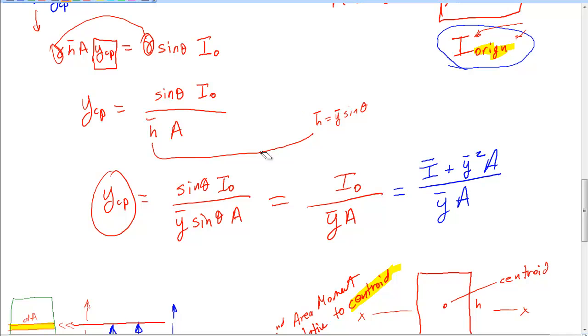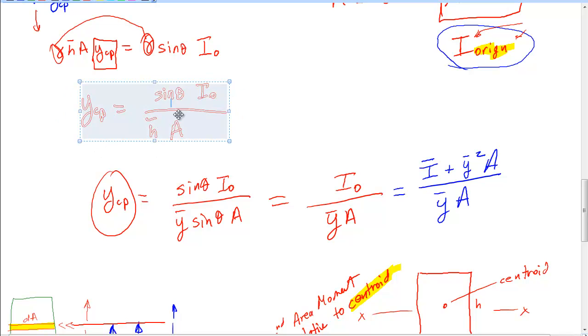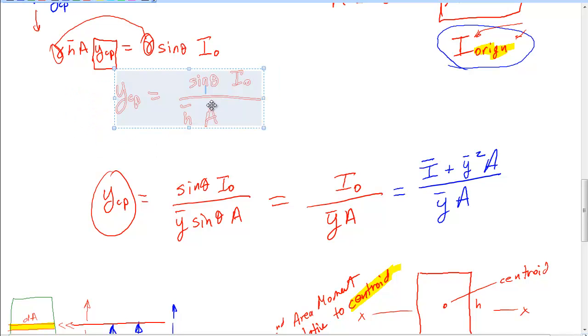So now I'm running into some space issues, so I'm going to move some things around. I'm going to compact my equations a little bit.